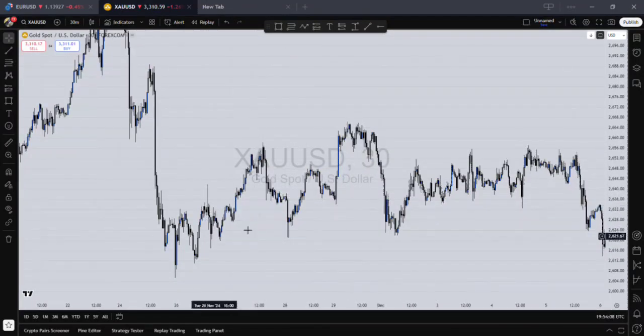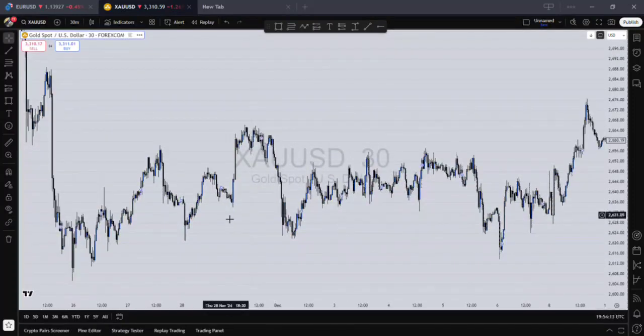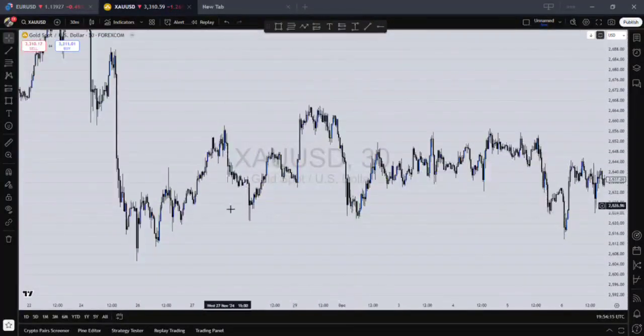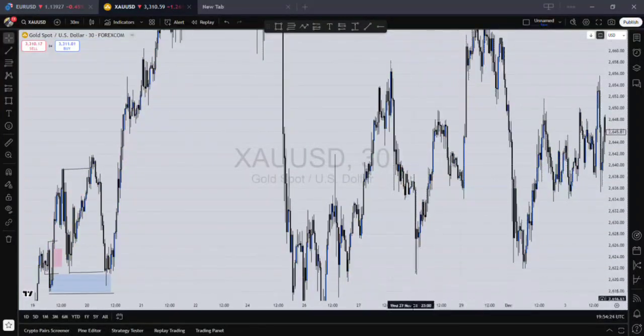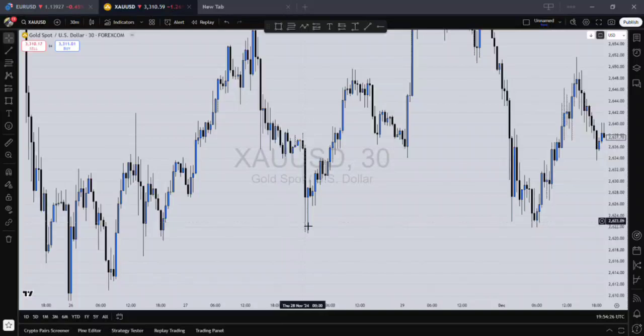It is the same thing that formed here, even though here was a range. Price was ranging really badly. I think this is like 2 weeks of price action.